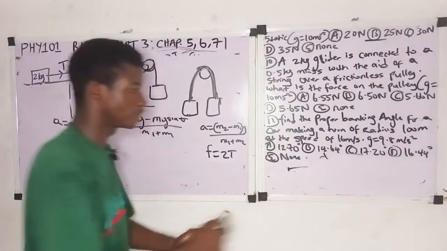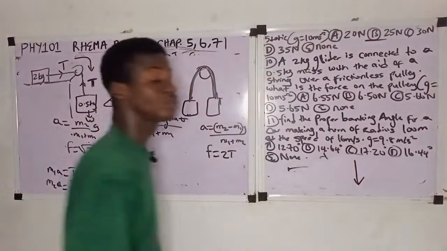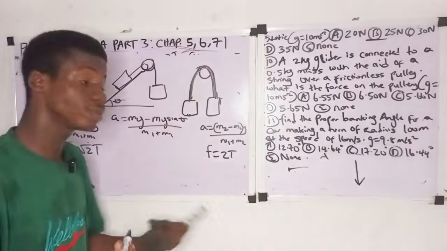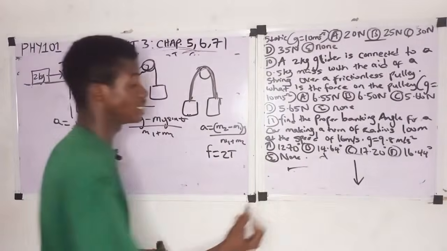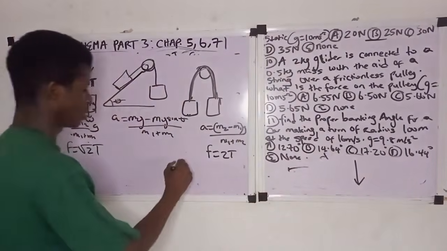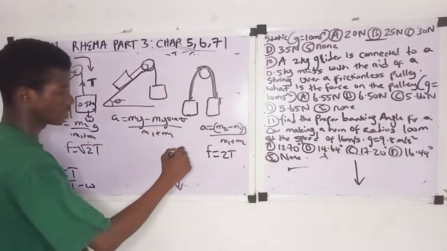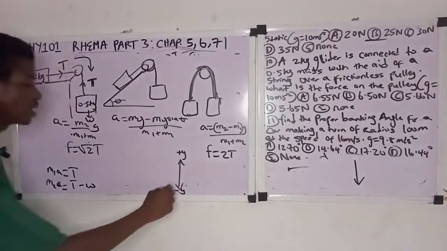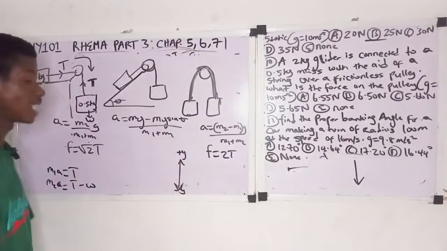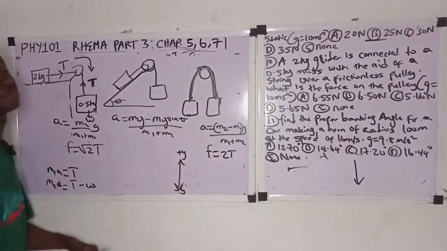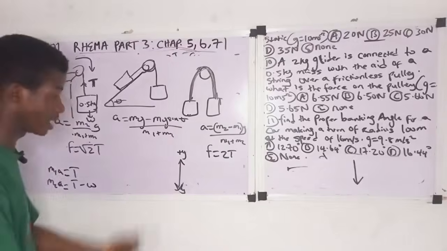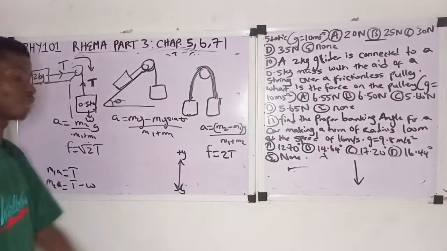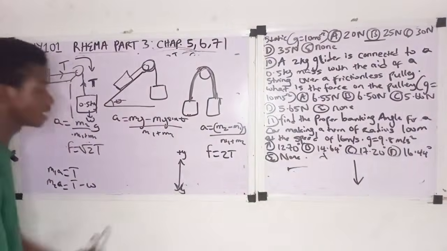Now remember, I told you that when an object is going downward, this is positive y, this is negative y, right? Yes. So going downward will be negative, depending on the coordinates we are using. We are using this first coordinate. Going downwards is negative, right?